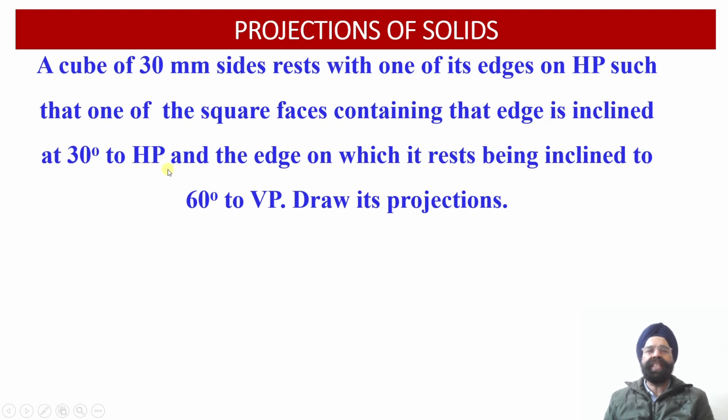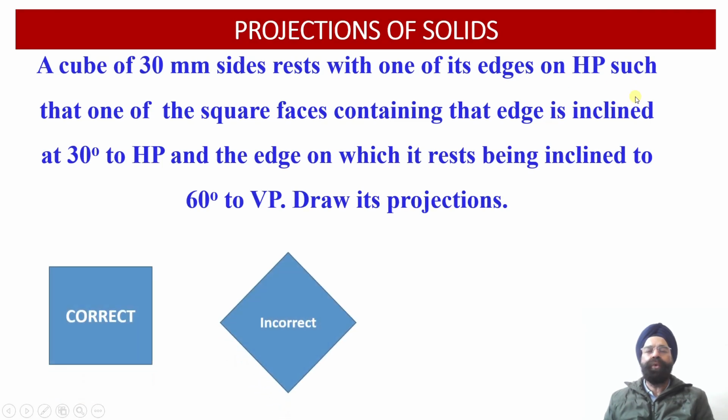So this means that the base of the cube happens to be inclined at an angle of 30 degree with respect to the horizontal plane, such that when the base is tilted or the solid is tilted at an angle of 30 degree, it should be resting on one of its edges onto the horizontal plane.